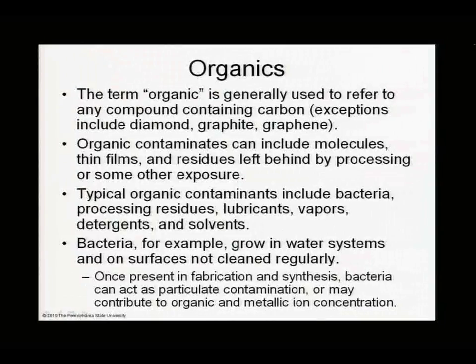They can grow in the water systems and on surfaces that are not cleaned regularly. And if they are present, bacteria can act as particulate contamination. The actual bacterium cell is obviously a particle, but the bacterium can disintegrate and it can contribute to organic and metallic ion concentration. So it can produce metallic contaminants and it can produce metallic ion contaminants also.